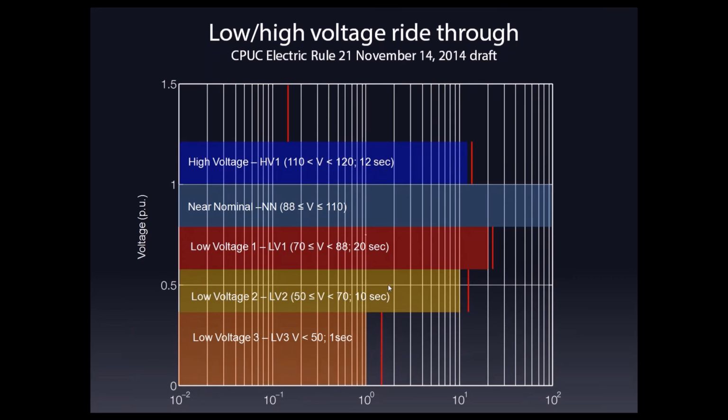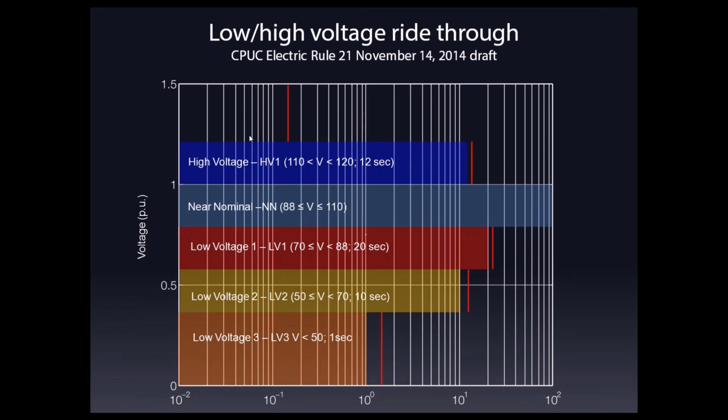Similarly, there is low voltage region 2 and then low voltage region 3. So basically this specifies the requirement for how long we have to supply standard operating condition and continue pushing power into the grid.